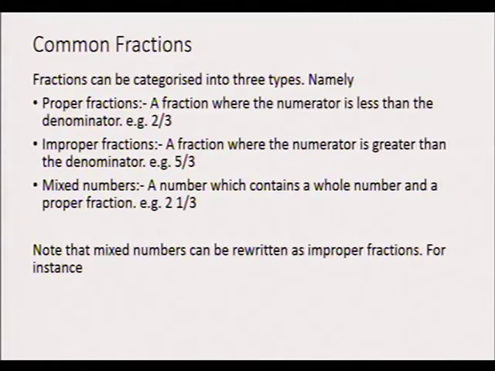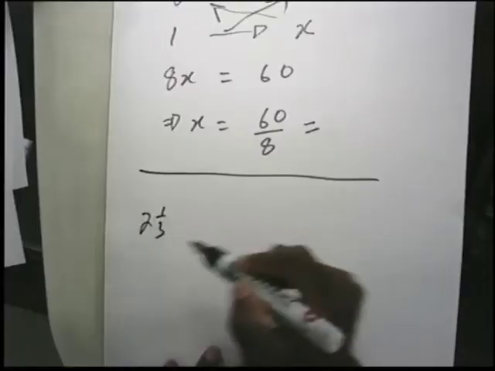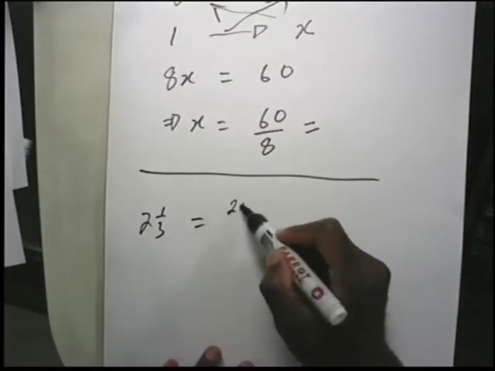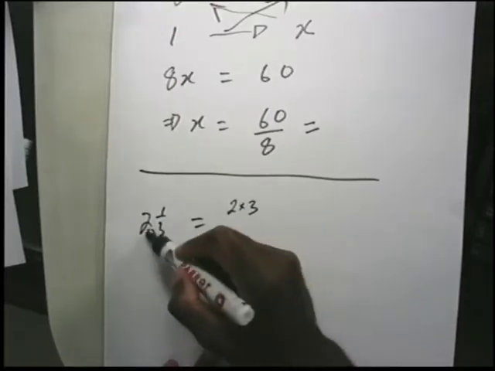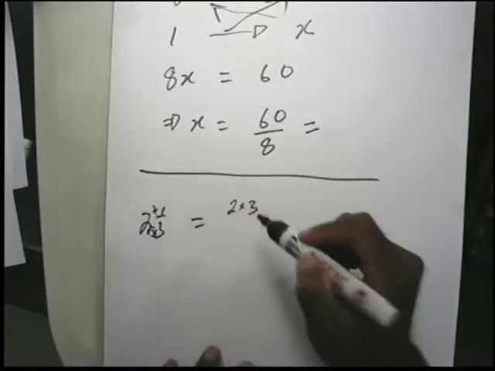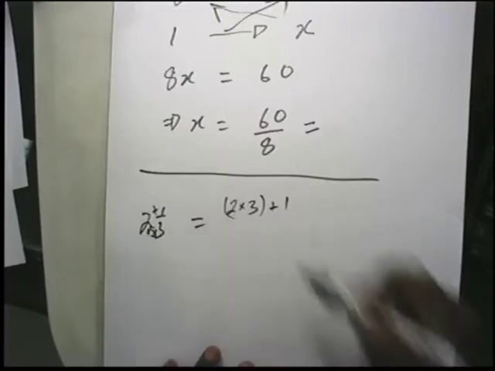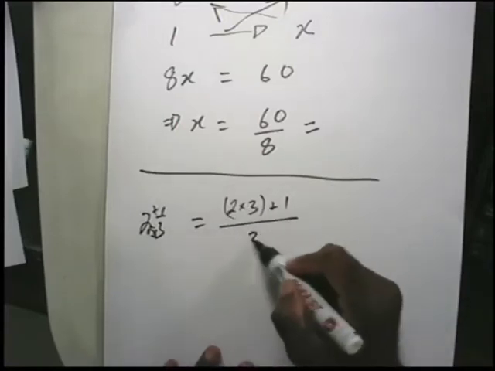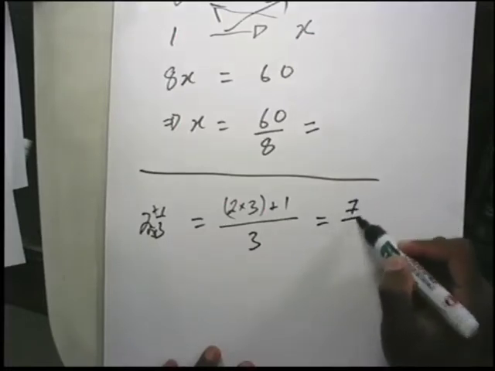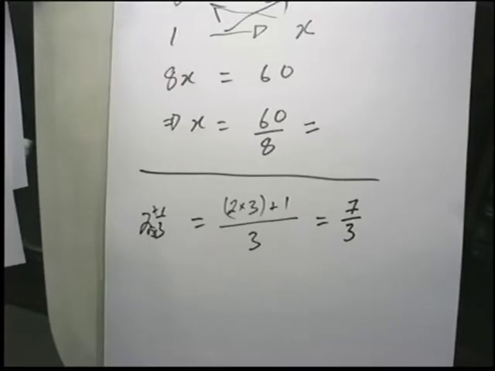multiplying 3 by 2 and adding 1. Okay, which means 2 and a third can be written as 2 times 3, you multiply the 2 by 3, and then you add 1, and then you divide by 3, and in the end we'll get 7 over 3.